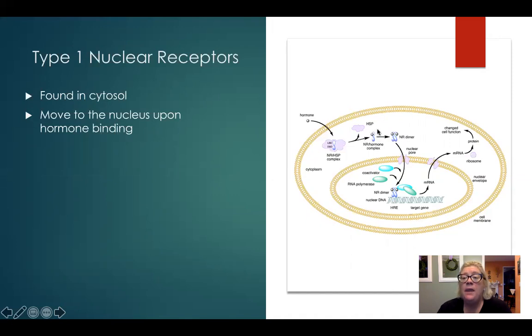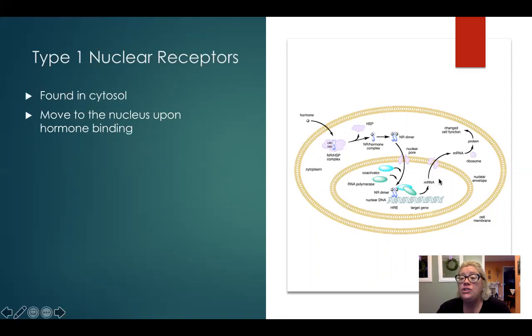Once the lipid-soluble hormone binds to the type 1 nuclear receptor, that receptor is going to move into the nucleus, where it will bind to a specific region of the DNA, and it will prompt the transcription of the DNA into mRNA.